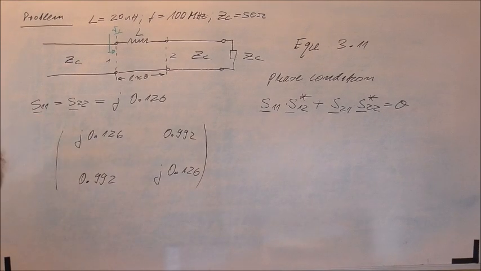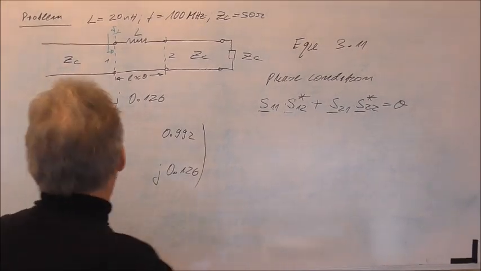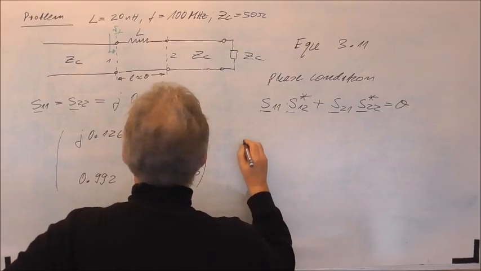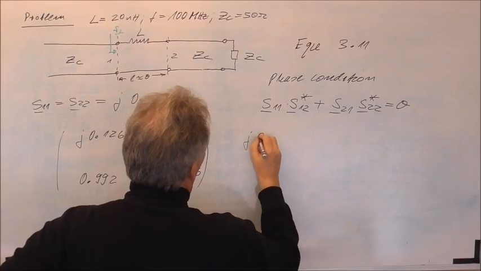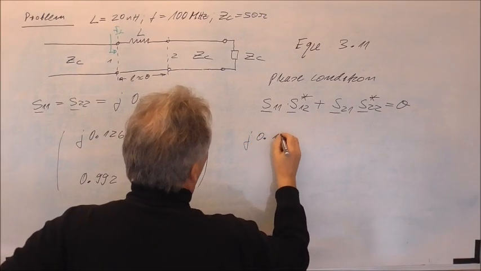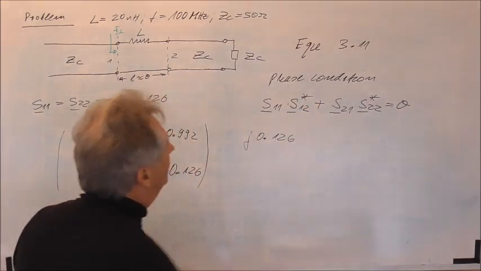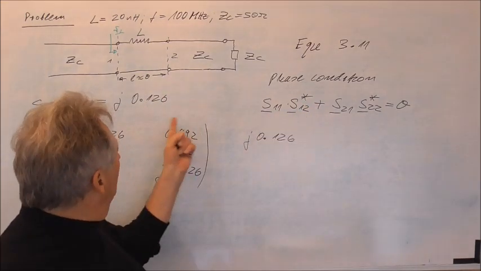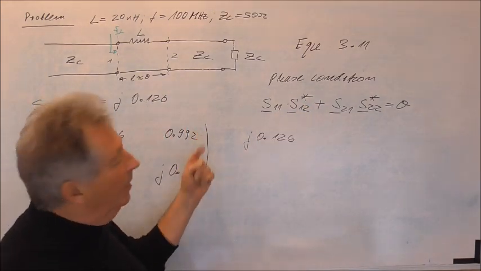And you see you have to take S11, which is j 0.126, times S12 conjugate complex, but this is the real value.